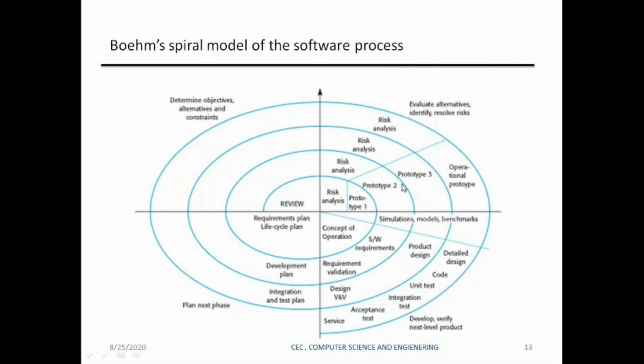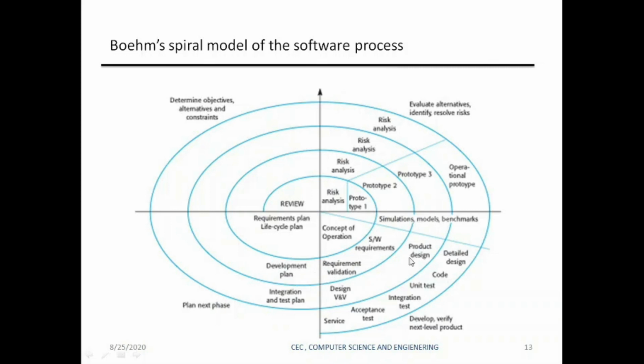The problem gets solved, and it can be solved through some simulation part, or some model is designed and checked by the validation team, and that is what he says in each sector.